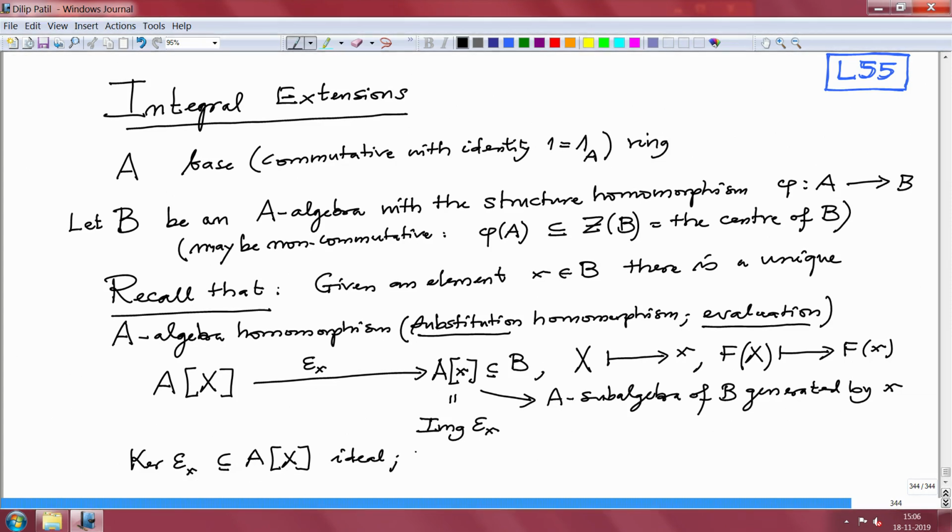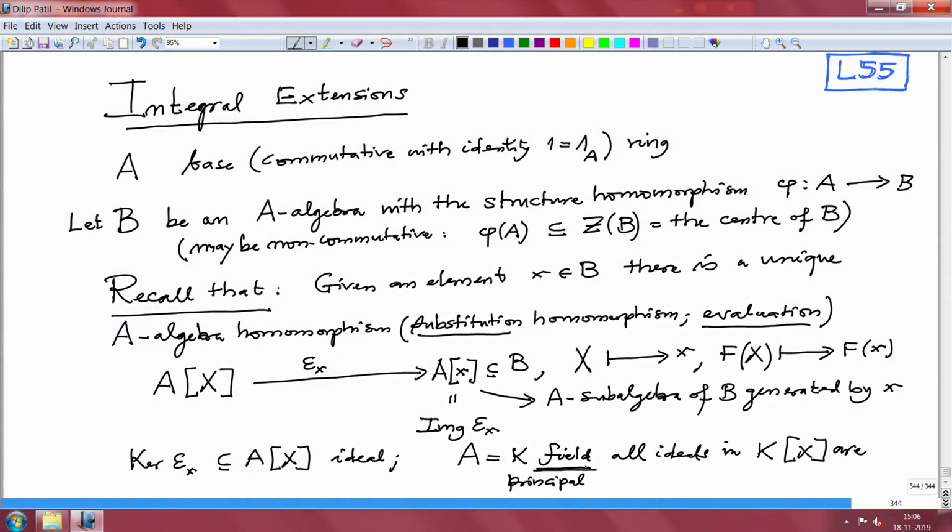However, we knew this when A is actually a field K. Then all ideals in K[x] are principal, and in fact generated by a unique polynomial if you choose that to be a monic polynomial, and that is where the field plays a very important role.